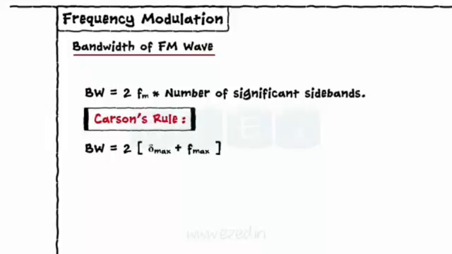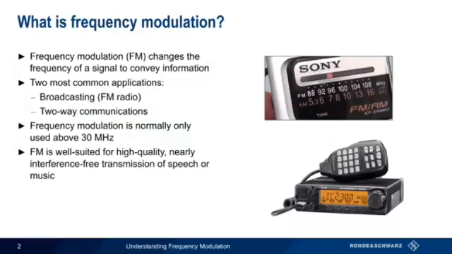So frequency modulation changes the frequency of a signal to convey information, we know this. Two most common applications are broadcasting FM radio and two-way communications. In broadcasting you will use wideband FM, and two-way communication will use narrowband FM.